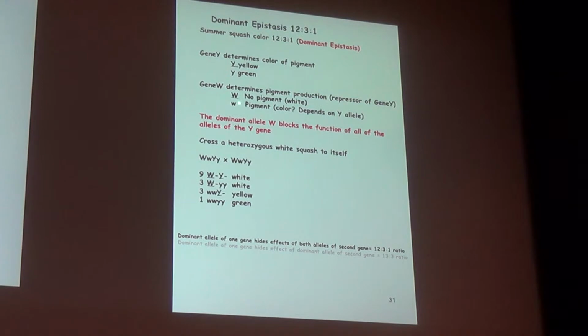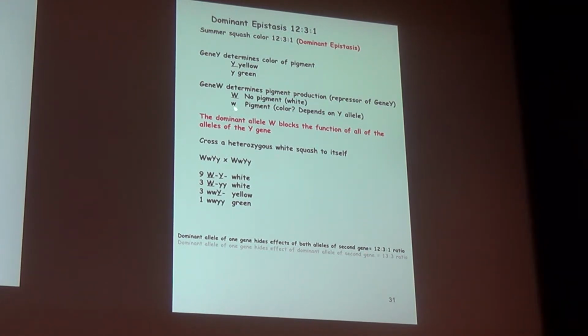Gene W determines the production of pigment. This is actually producing a protein that represses this gene. It kind of turns off this gene. The presence of the protein W will basically prevent this gene from making pigment, or will prevent the color production.